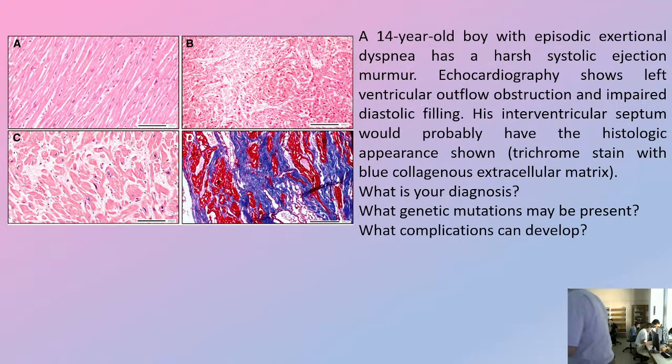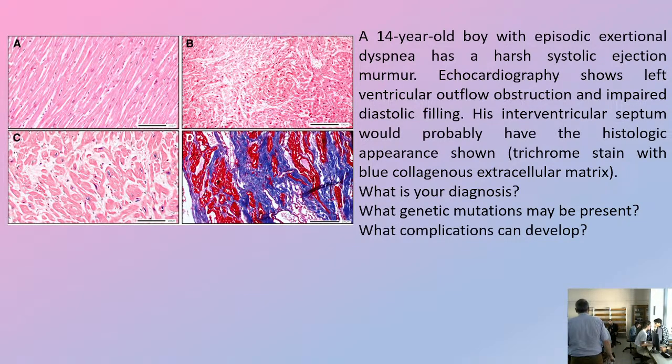Now let's have a look here. This is the autopsy specimen of a heart weighing about 500 grams in a patient who was stressed during some sort of a game, an athletic event, and he had a syncopal episode. He lost consciousness and died.